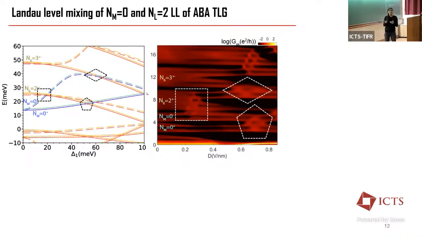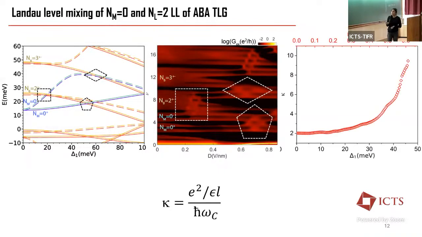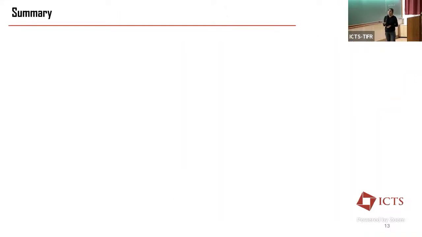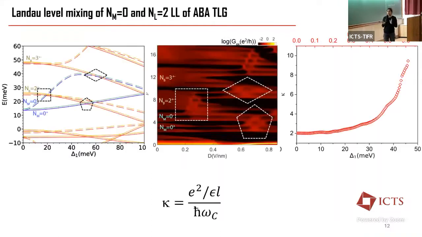So basically these crossings are real and they are probed experimentally. And we have tried to calculate kappa, which is the Landau level mixing factor between the monolayer-like and the bilayer-like bands, which are coming close to each other. We see a huge enhancement of kappa after 0.2 volt per nanometer, which leads to the breaking of the particle-hole symmetry in the system.